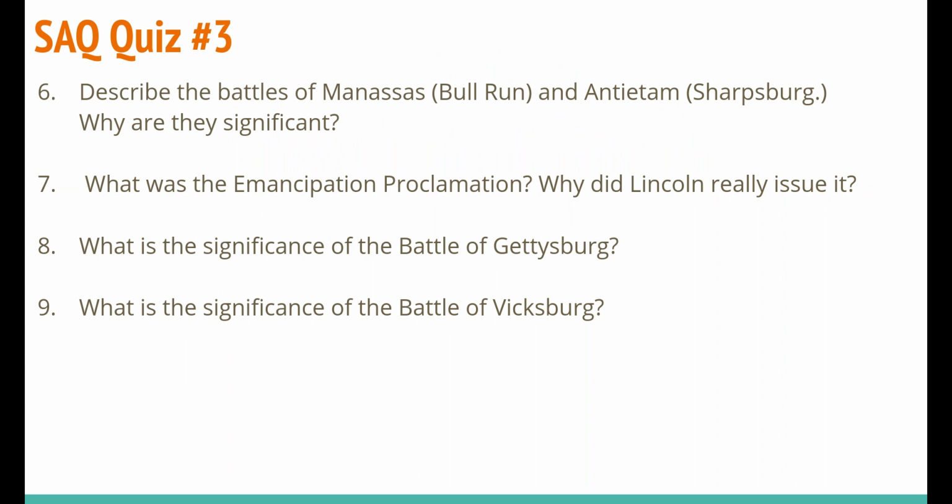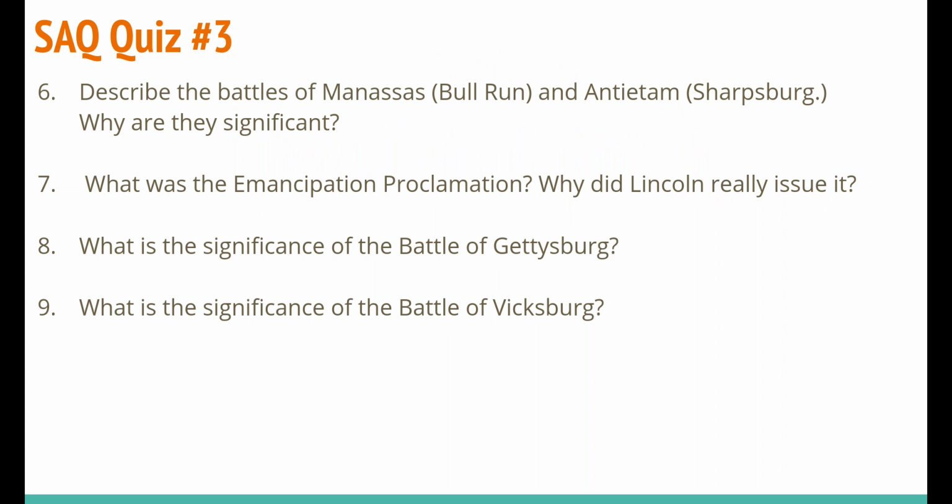And then on the flip side, at Antietam, George B. McClellan manages to beat Robert E. Lee. However, he does not chase him down and ultimately kill him or capture him, and that leads to McClellan being fired. So the first major battle, and then ultimately the opportunity to end the war, but McClellan drops the ball.